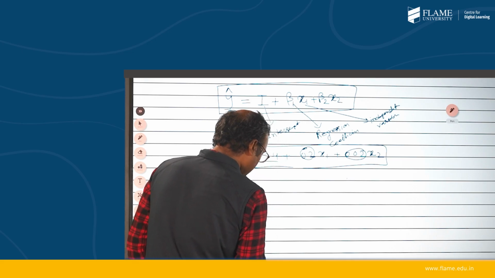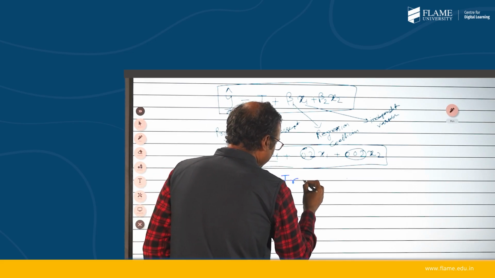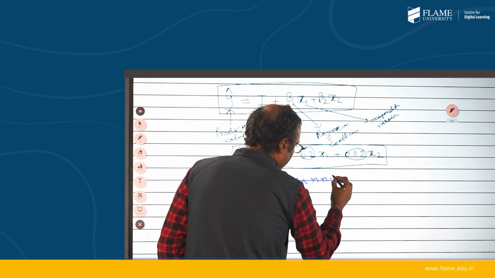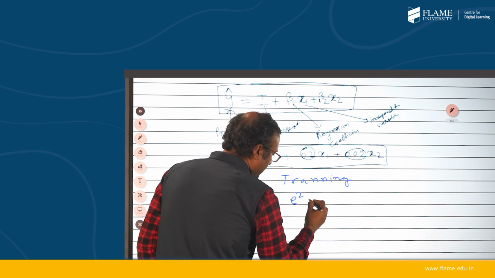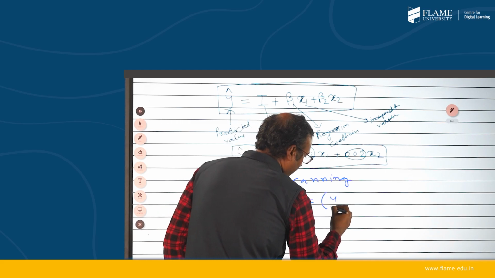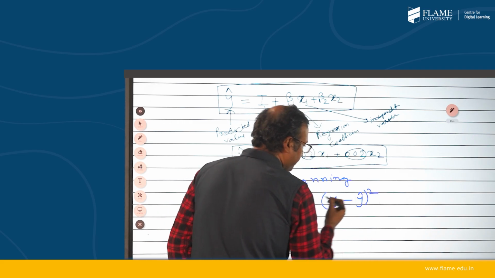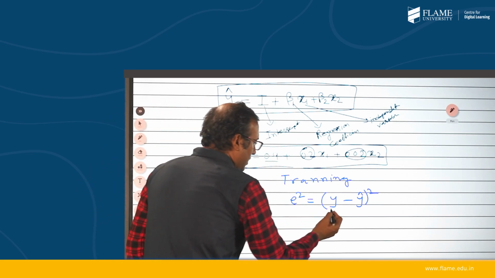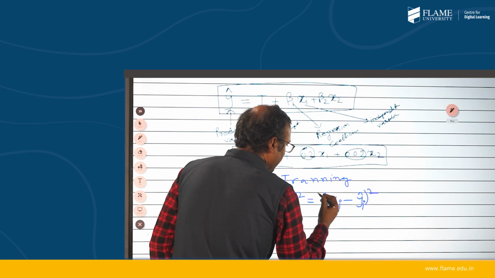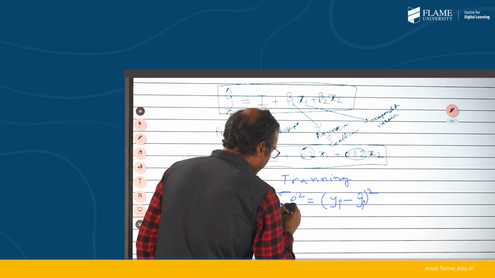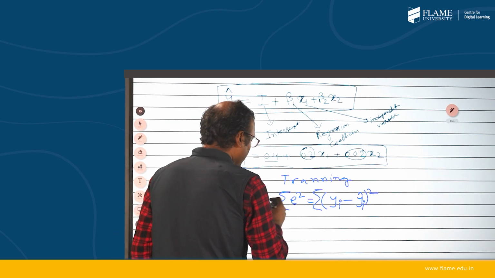While training the model, we use E square, that is, the original observation y minus y cap, squared. If I put the sum over i, this is the term that we are trying to minimize.